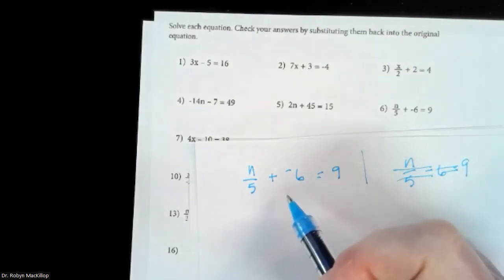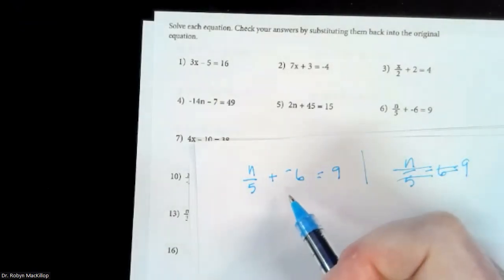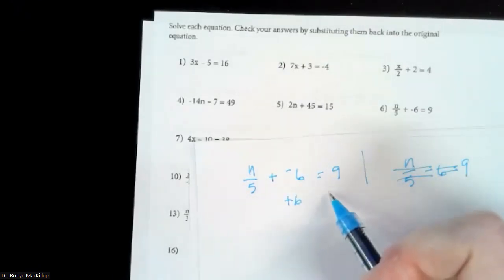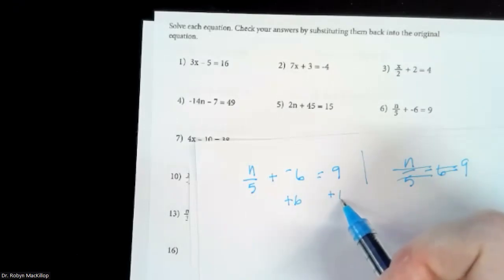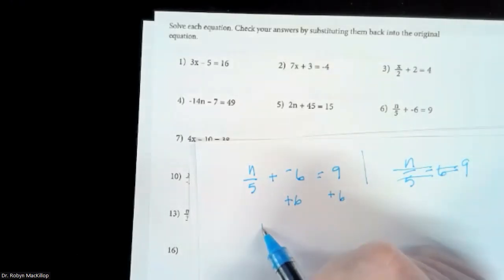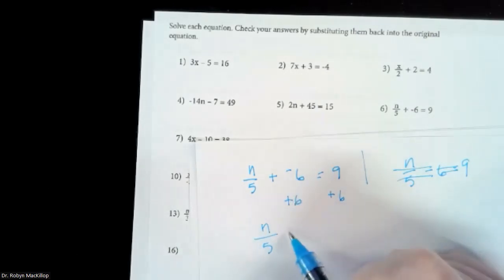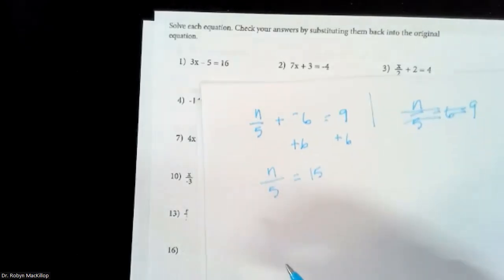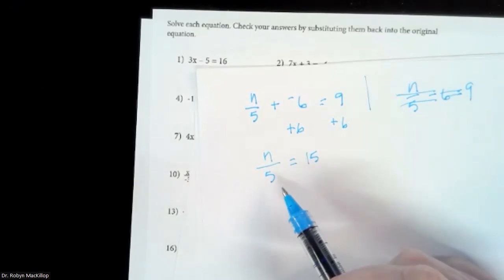So -6, the opposite, to zero out a -6. Positive. Perfect. Which means you're going to do the same thing to the 9. You're going to add 6, bring down your n over 5. That's gone. And then 9 plus 6 is 15. Much cleaner, much easier problem to deal with.